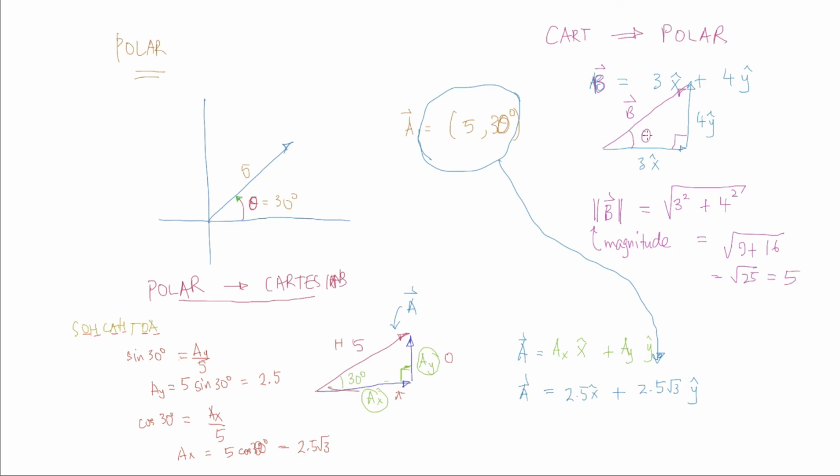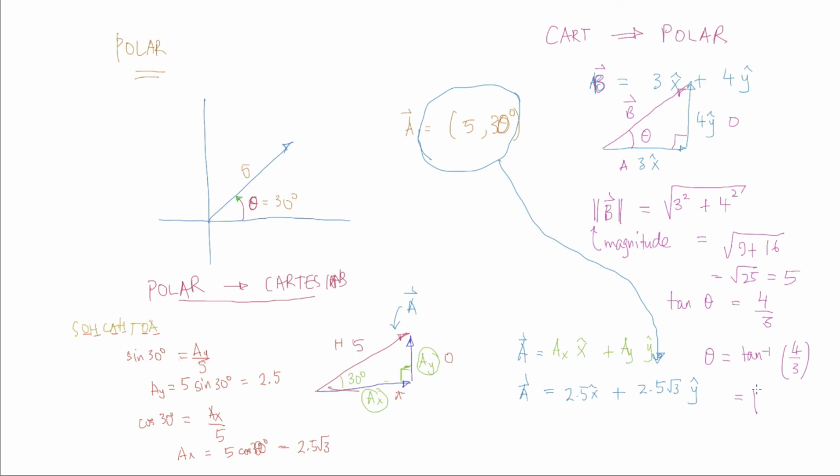Now I can find the angle theta using trigonometry, because this is the opposite side and this is the adjacent side. So tangent theta, which I don't know what it is yet, but I do know that the tangent of the angle is the opposite over the adjacent side. So the angle itself is the inverse tan of 4/3, which is some value.